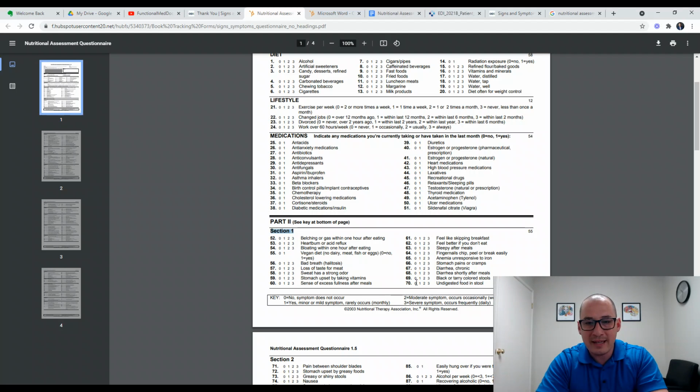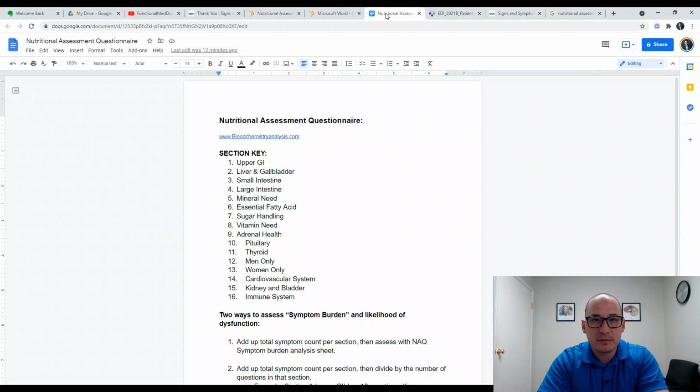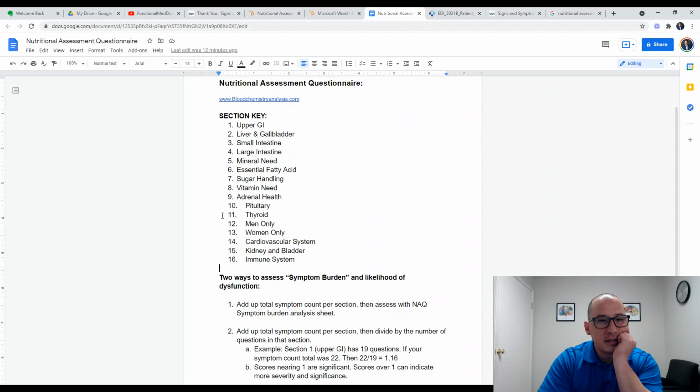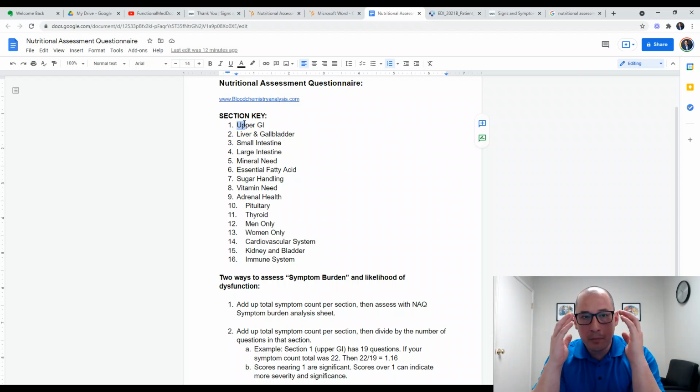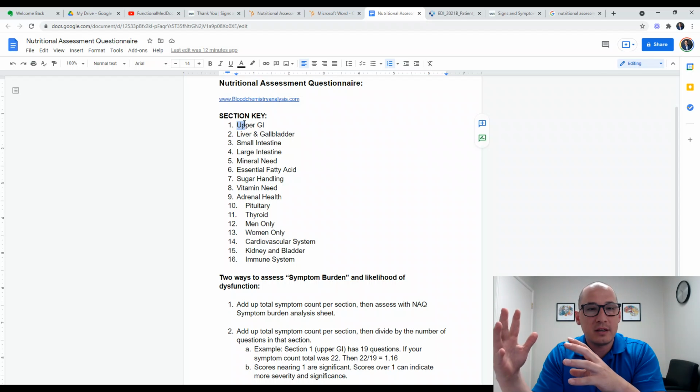That's the one with the 19 questions. If we come over to the section key that I made for you guys, you can see that right here, section 1 is upper GI, right? So mostly related to stomach, pylorus, these types of things, upper gastrointestinal tract symptoms.